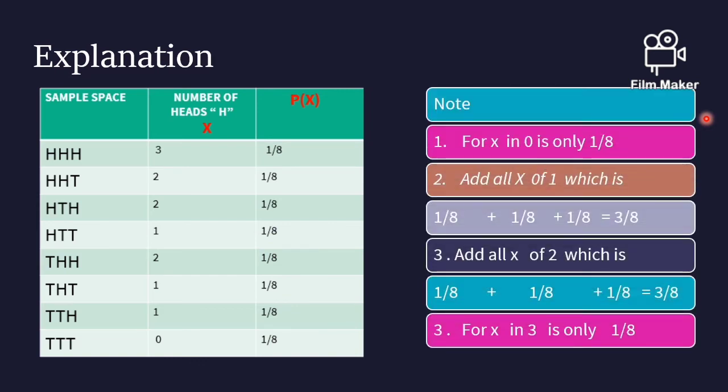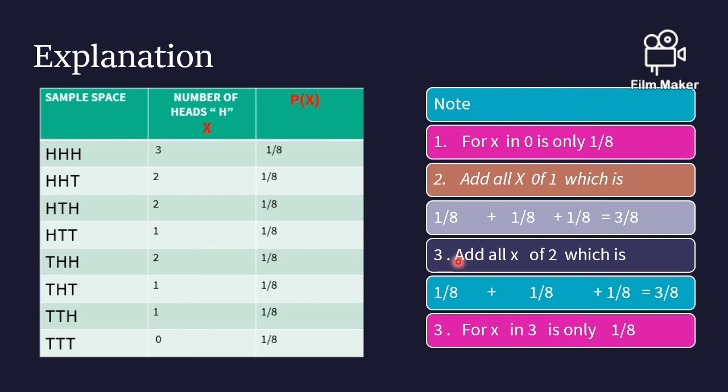So note, take note guys, for X equals 0, this is the 0, and this is only 1 over 8. And then all the 1s are 1 over 8. So add all X of 1: 1 over 8 plus 1 over 8 plus 1 over 8 is equal to 3 over 8.